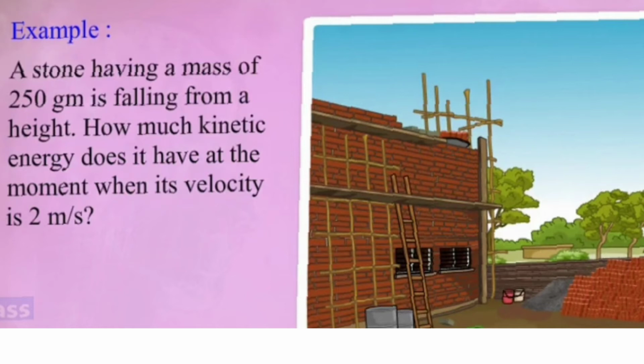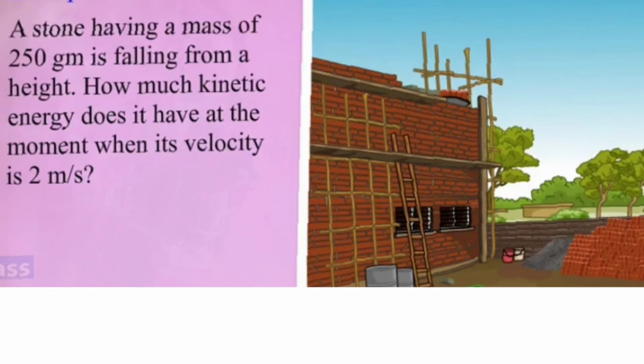Okay, and you are asked how much will be the kinetic energy at the moment when its velocity is 2 meter per second. So in between somewhere its velocity will become 2 meter per second, and you have to find out how much is the kinetic energy at that time.